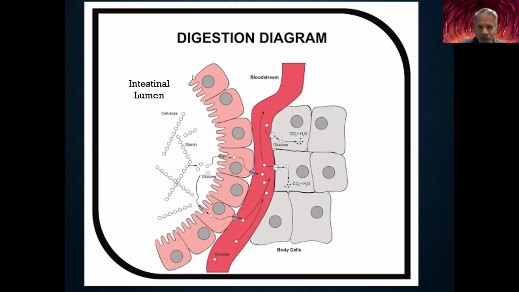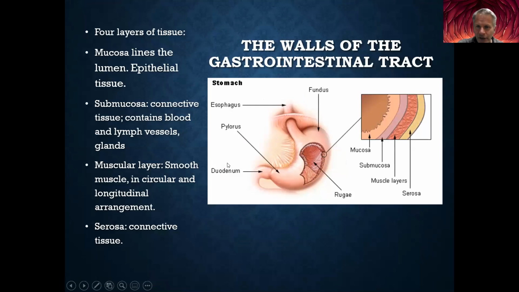And this word intestinal wall refers to the layers of the intestine. Usually when we say intestinal wall, we just mean the first layer. The first layer is called the mucosa that lines the lumen, and it's made up primarily of epithelial tissue.